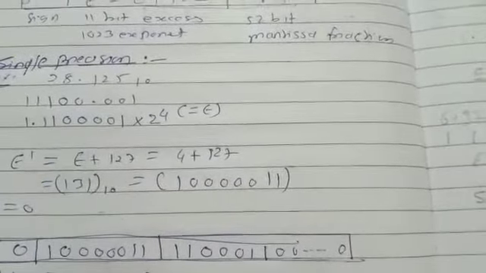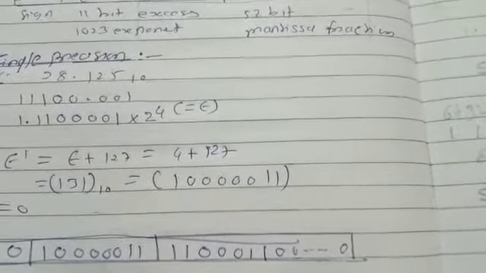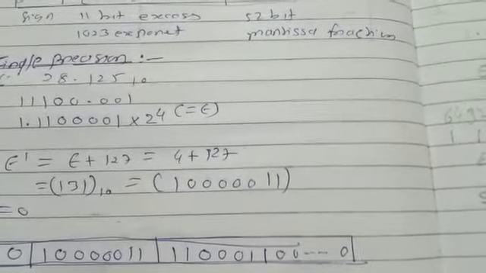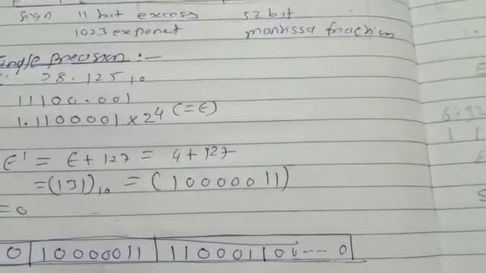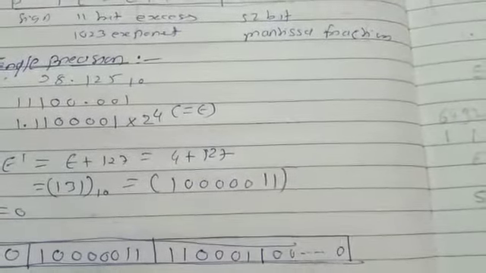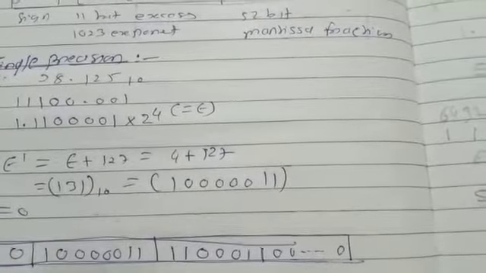Here we have to consider one step: whatever binary value we have calculated, it must always be in the form of 1 point, followed by 0s or 1s, so always 1.00 or 1.11.